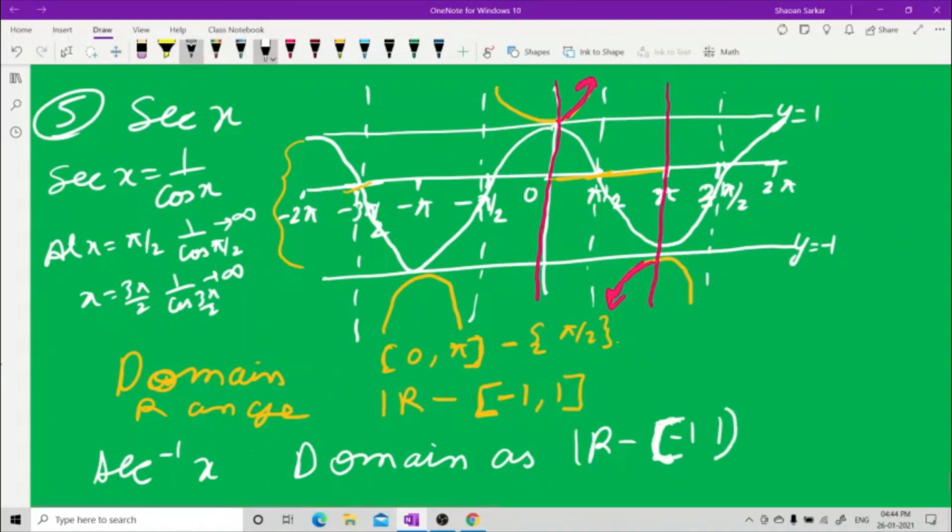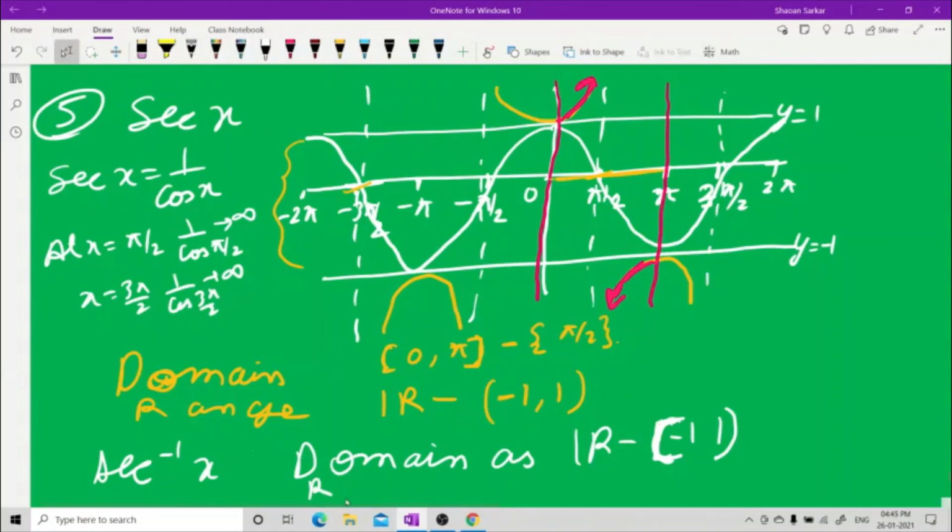Let me do one correction here. This will be open, not closed, but open. It will be an open interval. Now my range would be, in this case, range.